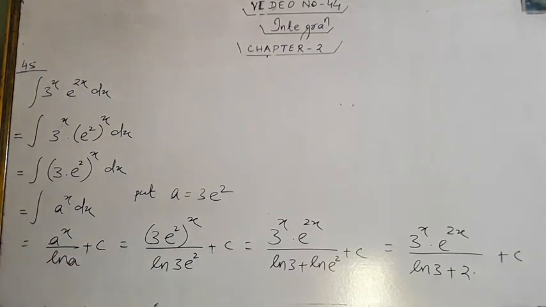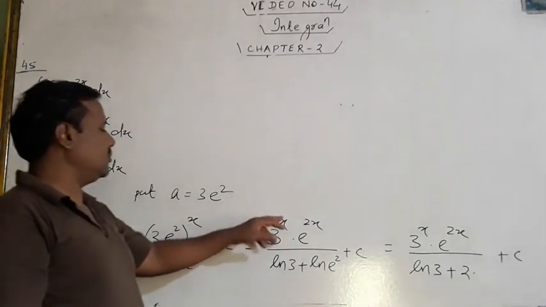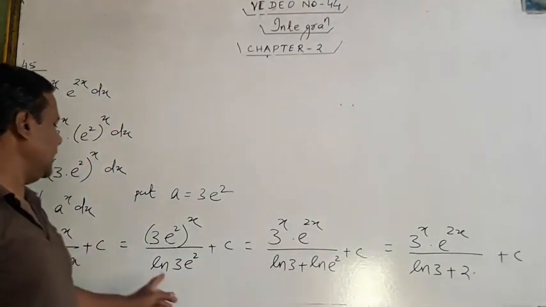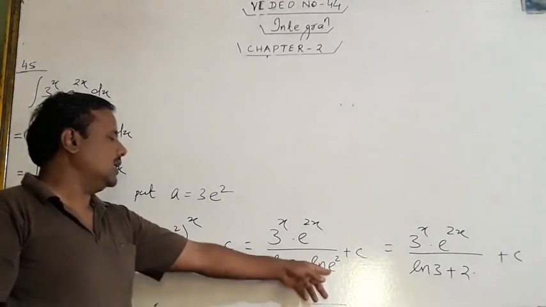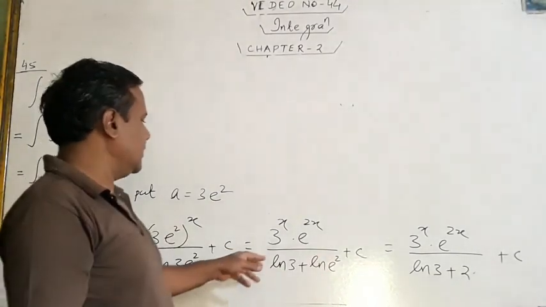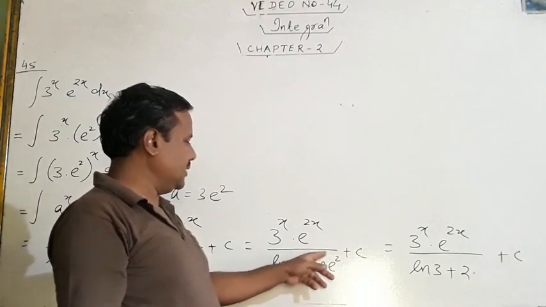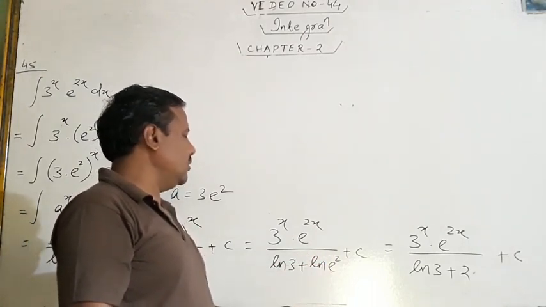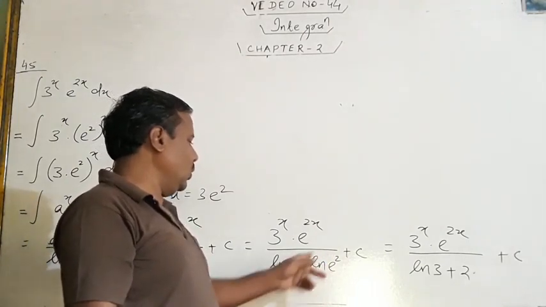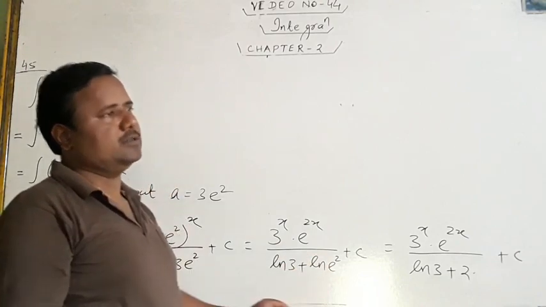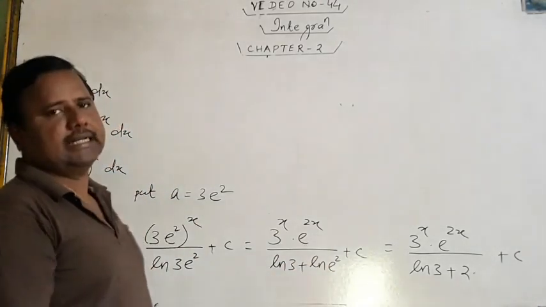In place of a, we put (3e²)^x over ln(3e²), that is (ab)^x, a^x b^x. Then ln ab is ln a plus ln b, so 3^x e^(2x) over ln 3 plus, 2 will come to the front, 2 ln e, and the value of ln e is 1, so that is the final result.